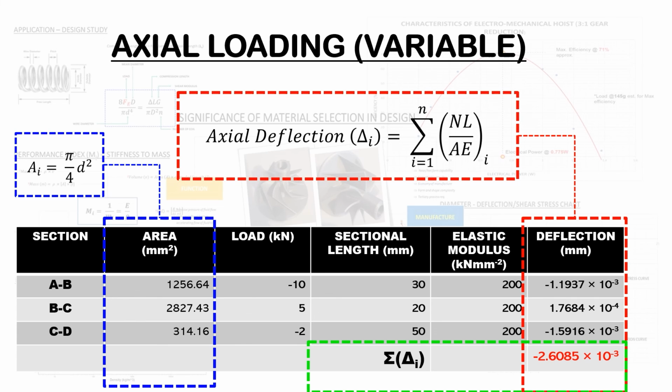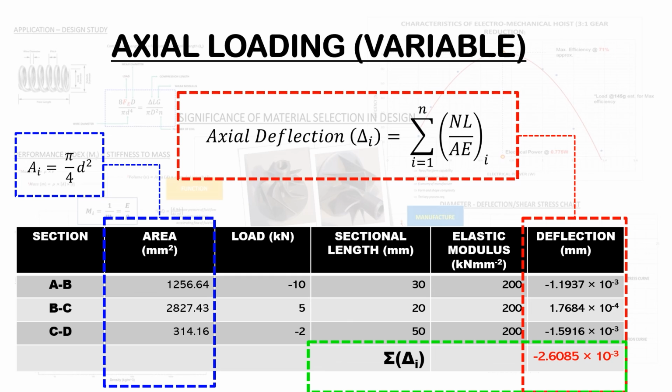For section AB, the deflection equated to minus 1.1937 times 10 to the power minus 3 millimeters. Section BC gave a net result of 1.7684 times 10 to the power minus 4 millimeters.